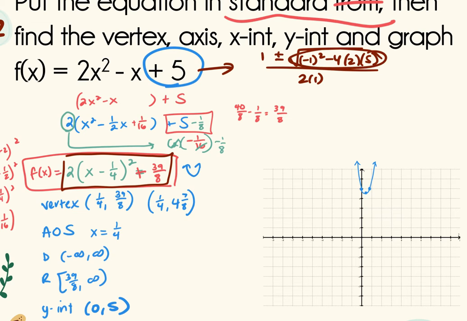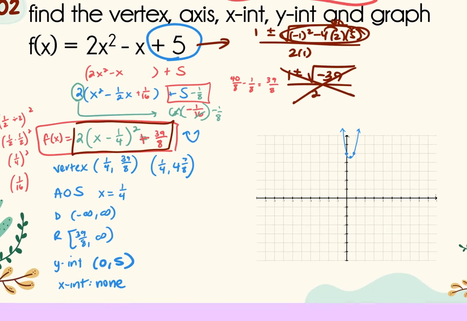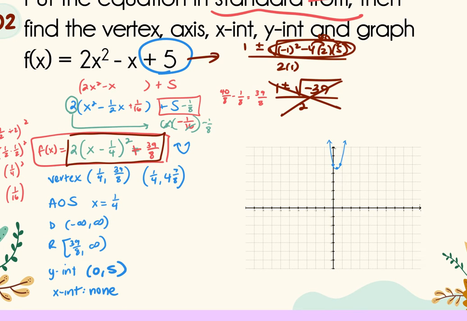And what's inside here ends up being 40 minus 39, with the sign negative. And you can't square root a negative number, so that's backing up the fact that there's no x-intercepts. You don't have to do that work if you graph it and you catch that there are no x-intercepts. You just write none and you save yourself some time.